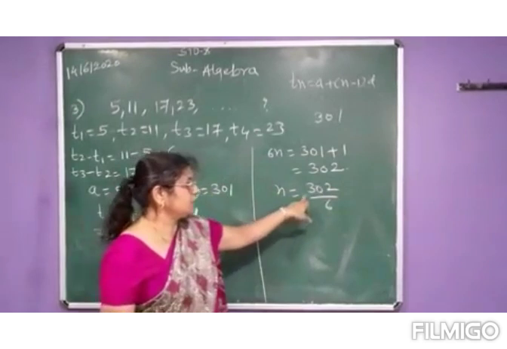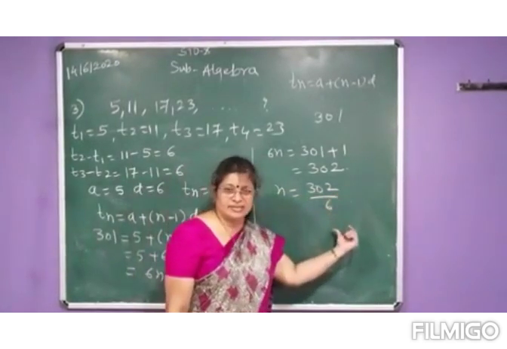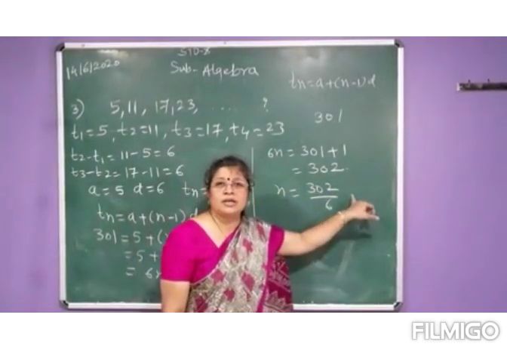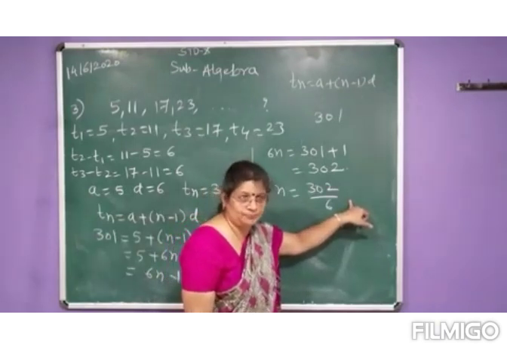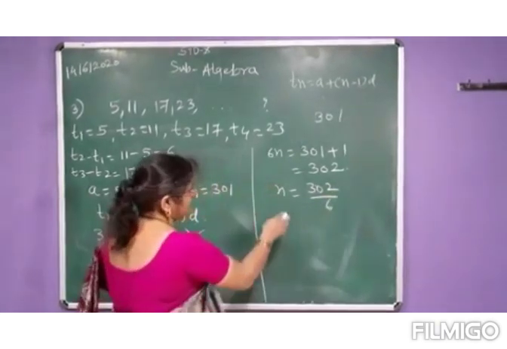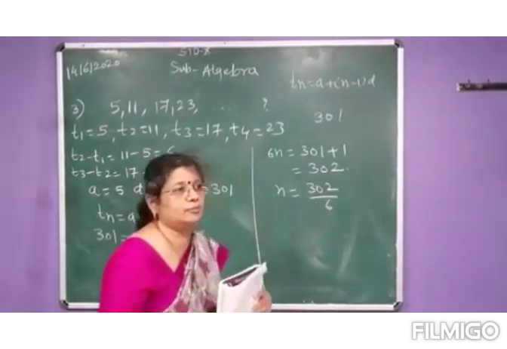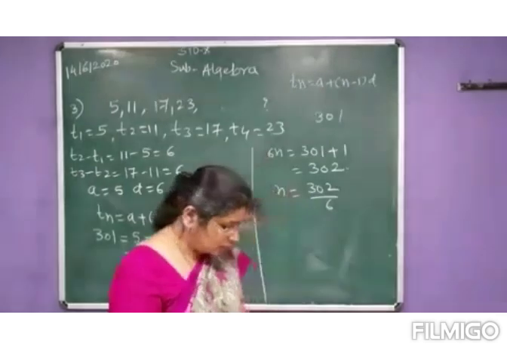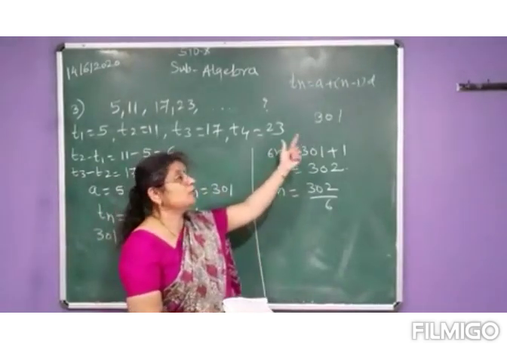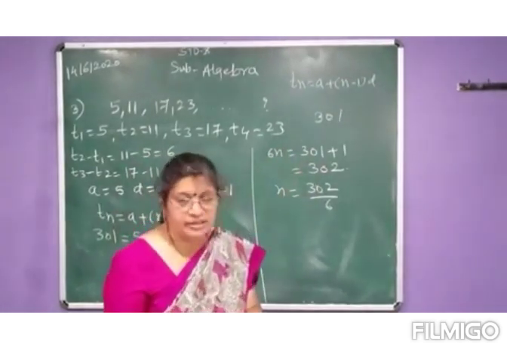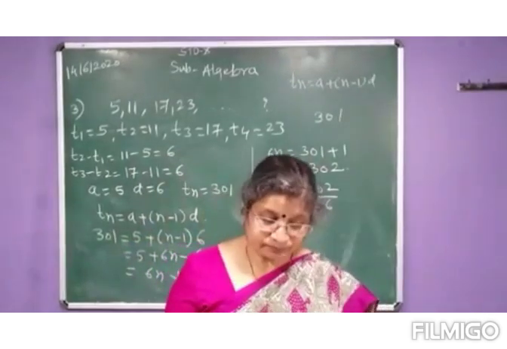But now see, 302 will not be divided by 6. It is not possible, so for that you should know the divisibility rule, correct? So n is a fraction. This is not a whole number, it is not a natural number. So what you can write here: 301 is not in the given sequence.